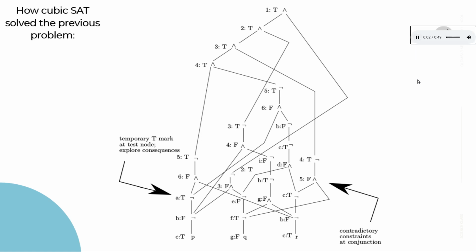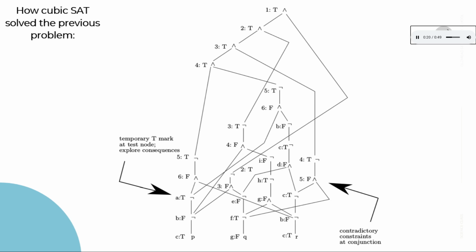So in the previous problem, let us consider the directed acyclic graph. Let us mark the test node A as true. This node is pointed to by an arrow on the left.